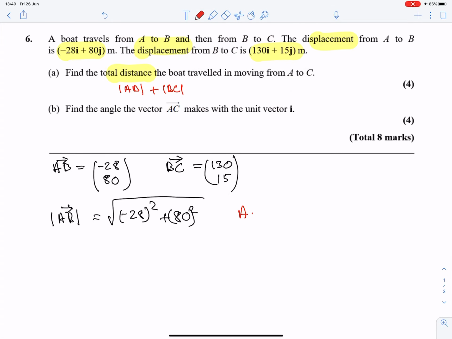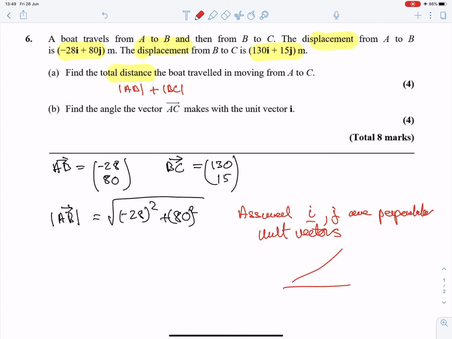So we assume, which is the convention, i and j are perpendicular unit vectors. They are at right angles to each other. So we form a right angle triangle here from A to B.